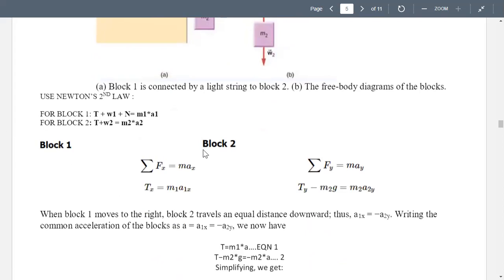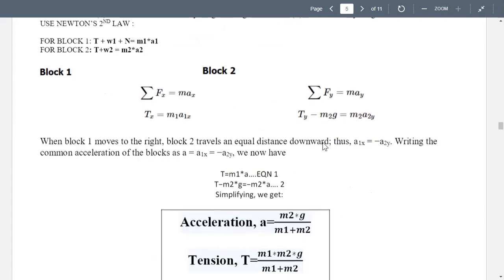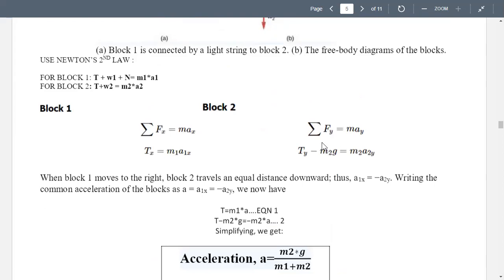If we're going to consider the components for block 1, we have this one. Summation of Fx would be equal to mass times acceleration ax. Tx now would be equal to M1 a1x. And then for the second block, we have the summation of Fy.